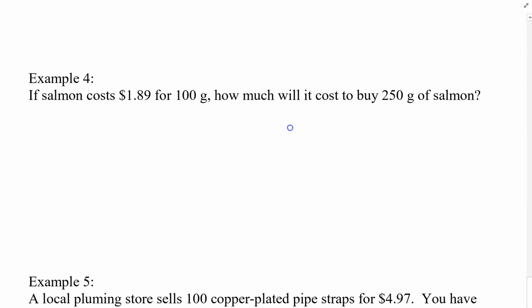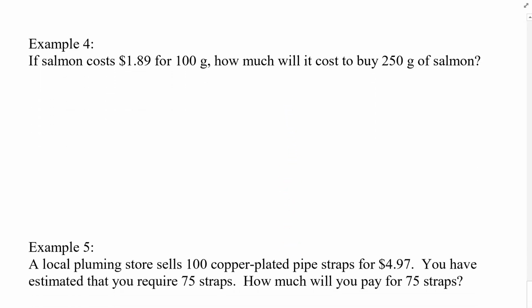Example number 4. If salmon costs $1.89 for every 100 grams, well, we're going to be setting this up. 189 for 100 grams. How much will it cost? So we're going to be wondering the cost, which is in the numerator on the top of the fraction, to buy 250 grams of salmon.